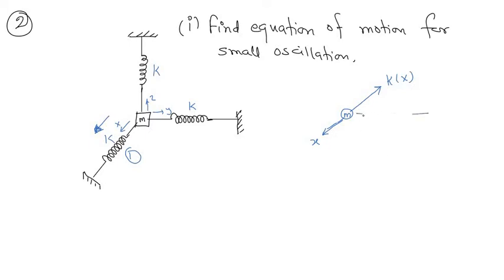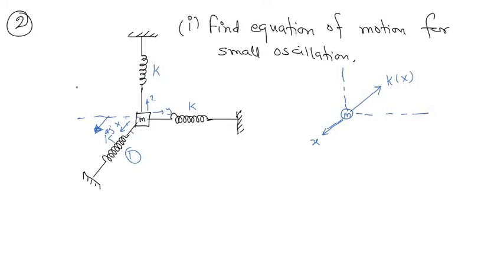Okay, and let us suppose that these are the other two directions. Let me write it here clearly. Now we are making an assumption, but from the diagram you can see that this angle will be 45 degrees.